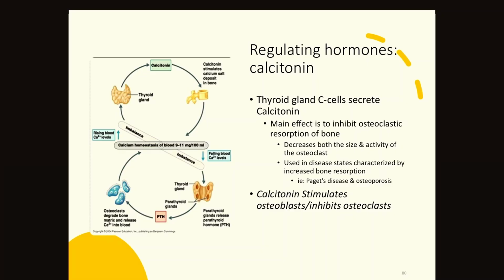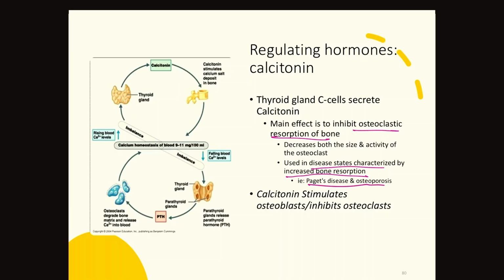Calcitonin is secreted by the thyroid gland, mainly the C cells in the thyroid. Its main effect is to inhibit osteoclast resorption of the bone. It's very, very weak in humans. We don't really look at calcitonin very much. Where we do look at calcitonin is in cancer states or disease states, used in disease states characterized by increased bone resorption.